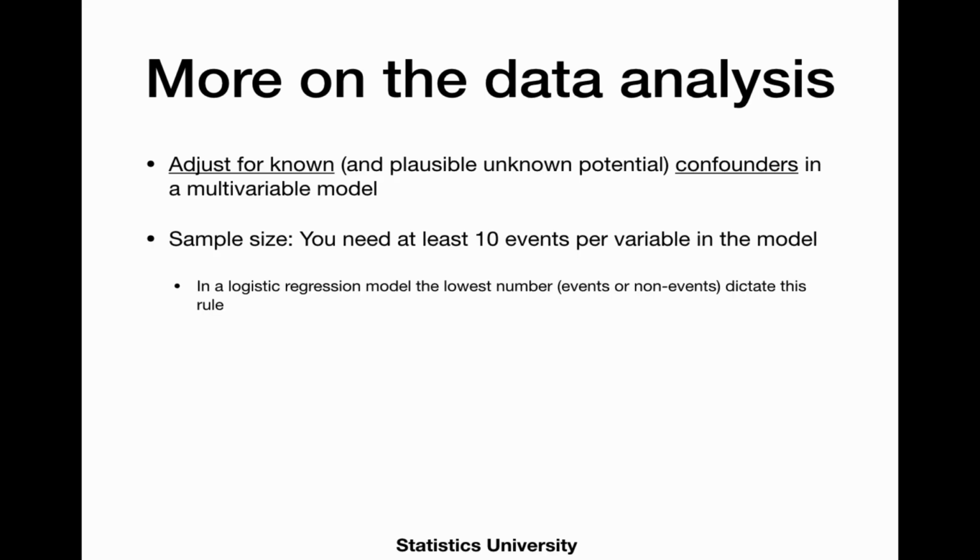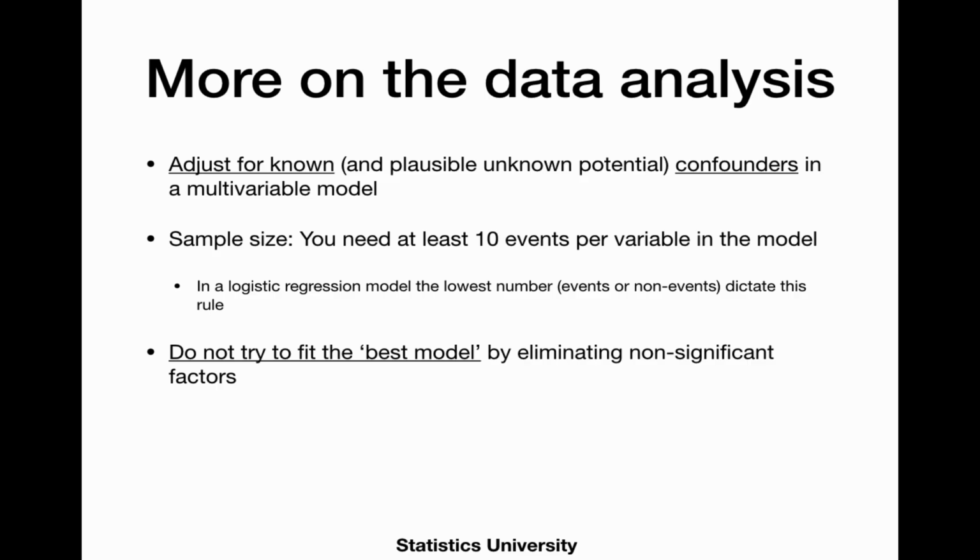And one specific thing to note here is that in a logistic regression model, the lowest number of outcomes, so that can either be the number of events or the number of non-events, dictate this rule. And you should not try to fit the best model by eliminating non-significant factors, since the point here is not prediction but statistical adjustment for confounding.